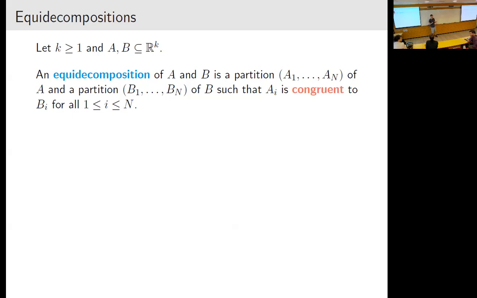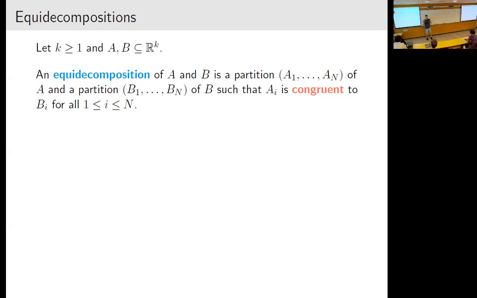Okay, just a simple definition. So I have a set A, a set B, an equidecomposition. So here's the idea.